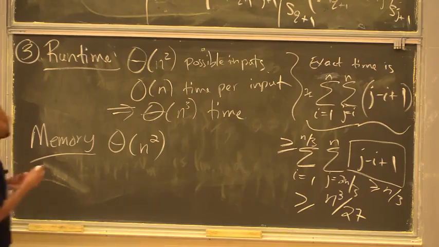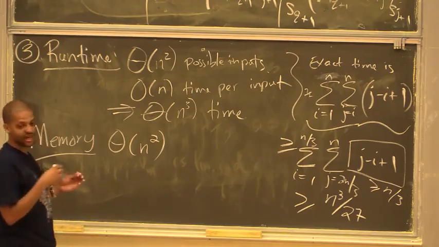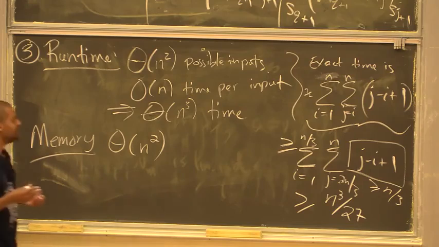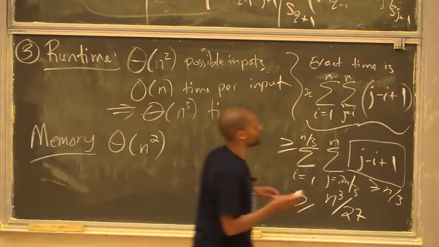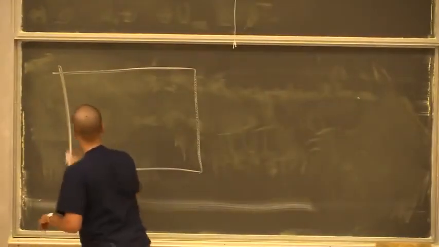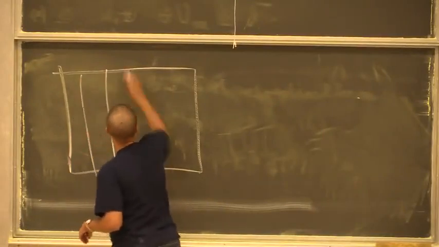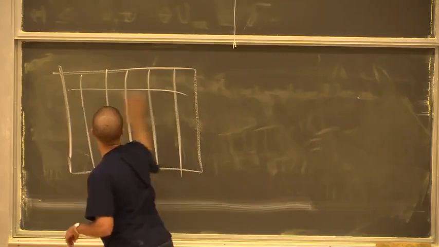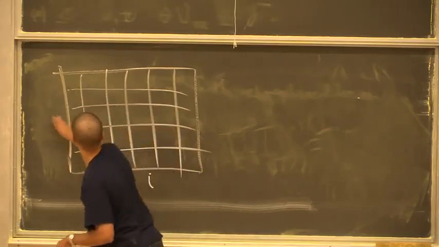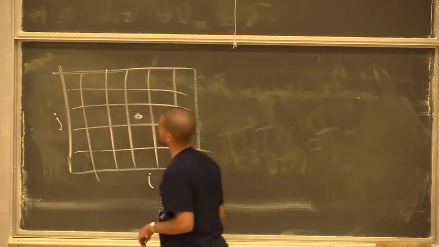Because in some of the previous problems like edit distance, we have this property that all the answers in one row depend only on the previous row, or all the answers in one column depend only on the previous column. But here, if we try to draw the DP table, let's say you have i and j here. What does this answer depend on?